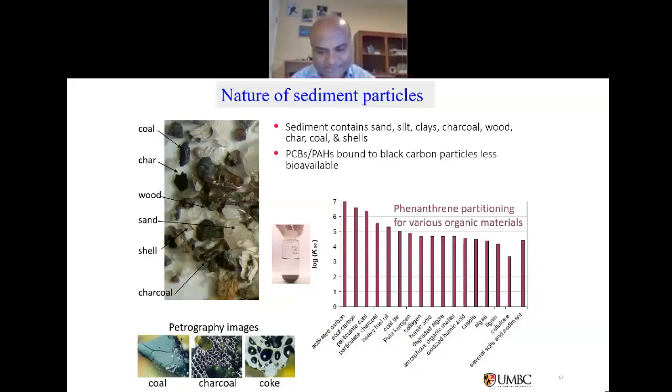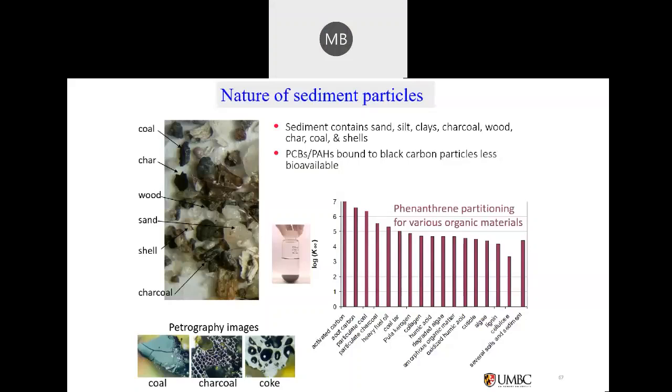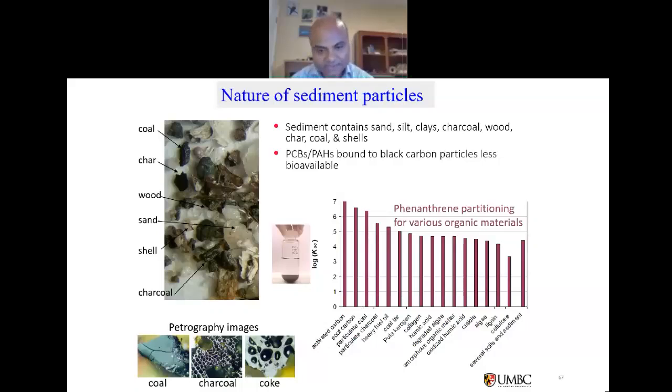And these carbon containing materials in sediments offer hydrophobic surfaces.